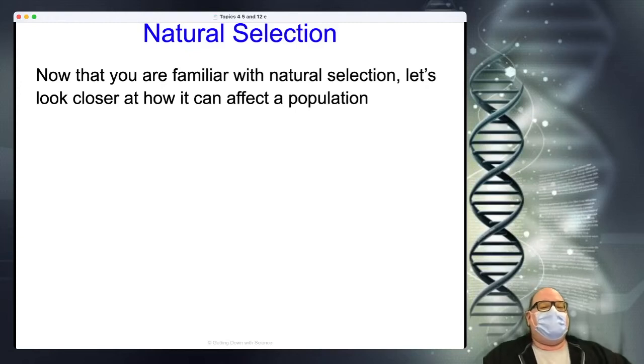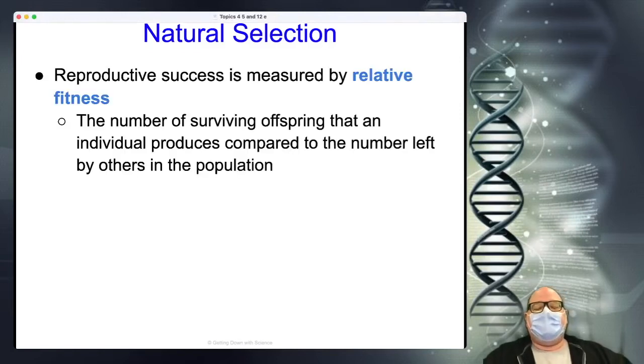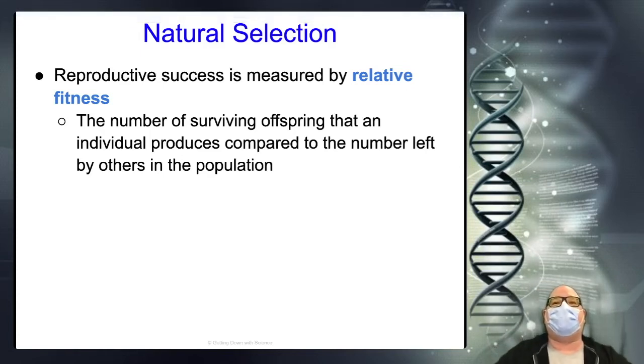So now, listen, we know about natural selection from earlier lectures. Let's look a little bit about how it can affect a population. When we think about natural selection, we think about reproductive success.